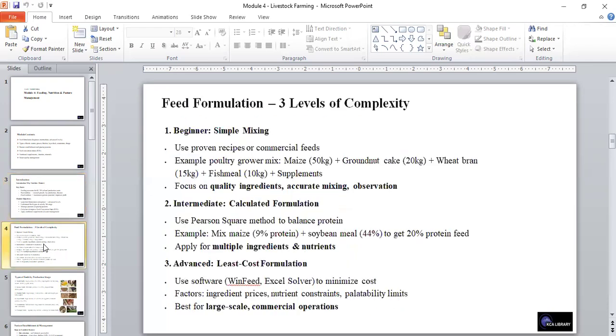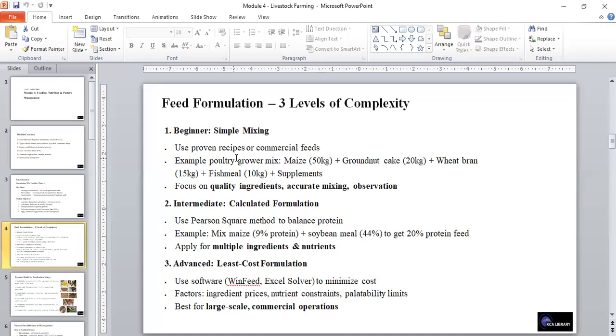Now, feed formulation. There are 3 levels of complexity. At the very beginner phase, there is simple mixing. This actually involves little or no calculation in order to mix the feed requirement of animals.